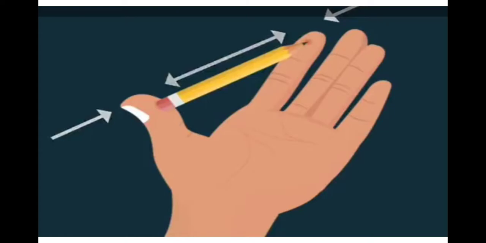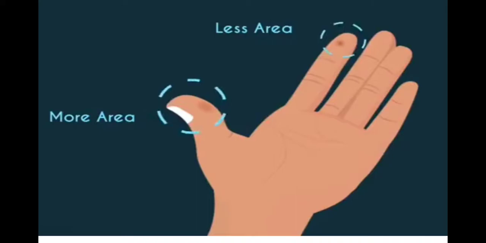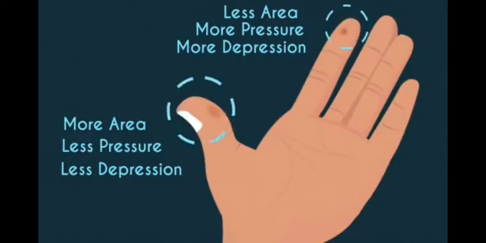The depression was more on the index finger. That's because the area on which the tip of the pencil applies a force is lesser as compared to the area on which the other end of the pencil applies a force on us. The area is lesser, pressure is more, and that's why the depression is more.